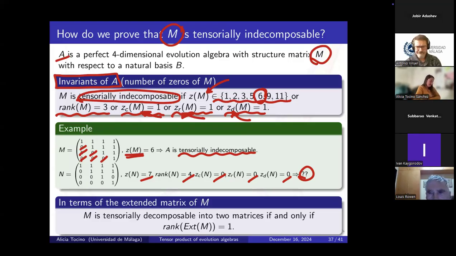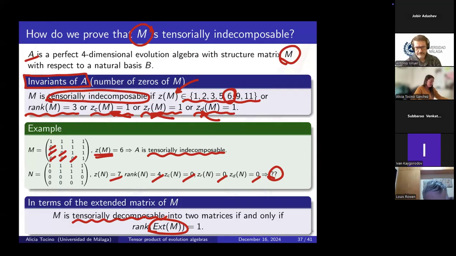Moreover, one can check that a matrix is tensorially decomposable in terms of the extended matrix. If the rank of the extended matrix is 1, then the matrix is tensorially decomposable, and conversely.